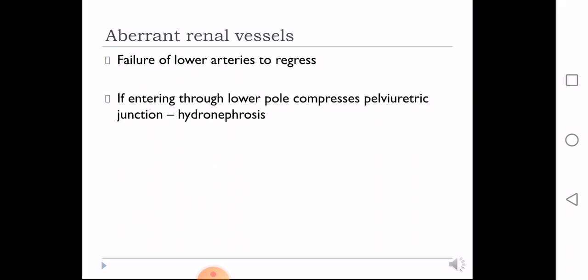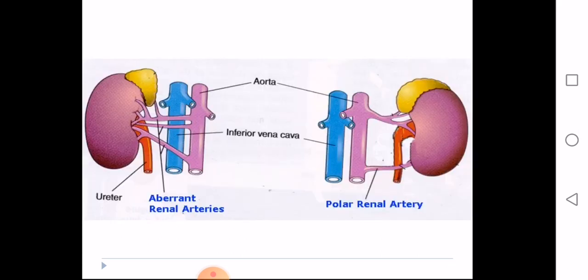You remember that. They will compress that region and obstruct the outflow of urine, and this leads to hydronephrosis. Hydronephrosis I will mention in the subsequent slides.